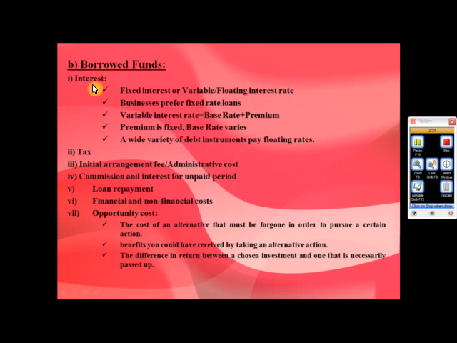Borrowed funds: interest, fixed interest or variable (floating) interest rate. Businesses prefer fixed rate loans. Variable interest rate equals base rate plus premium, where the premium is fixed.